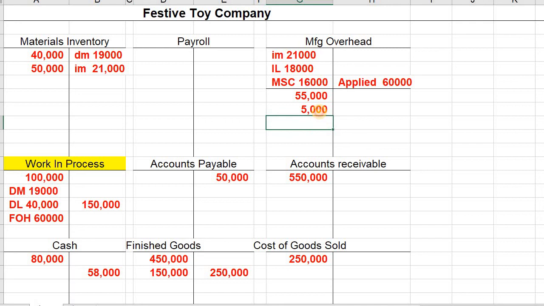So I'm going to debit overhead for $5,000 and credit cost of goods sold for $5,000. I had over applied by $5,000, so my expenses were $5,000 too high. Now they're correct. I've reduced the applied down to the $55,000 that we spent, and that also reduced cost of goods sold to $245,000. And that is Festive Toy Company.